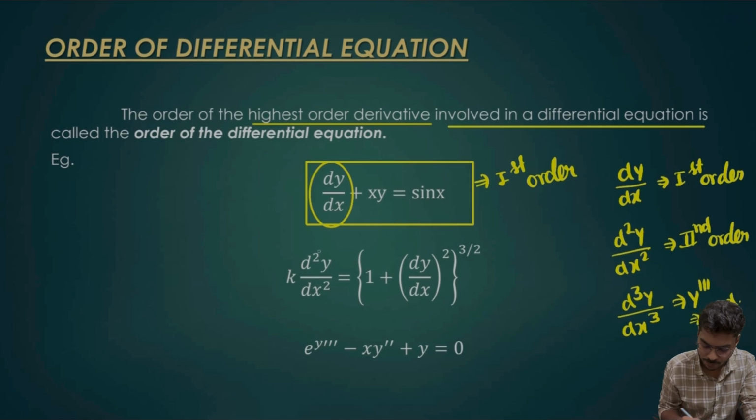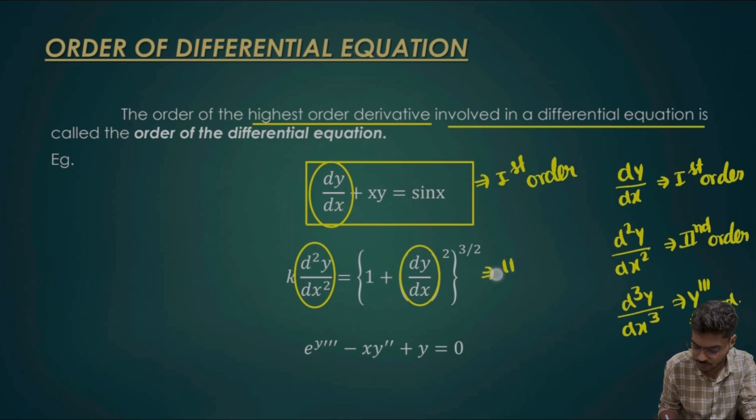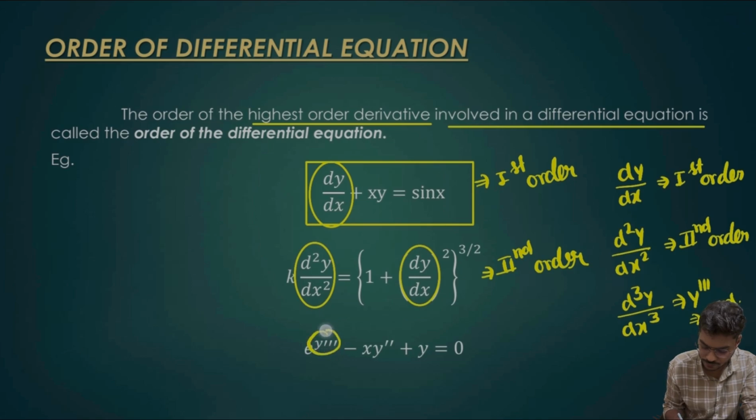In the second example, we have two derivatives, a double derivative and a single derivative. Out of these two, which has the highest order? I can say second order, right? So the answer is second order. In the third one, what is y triple dash?